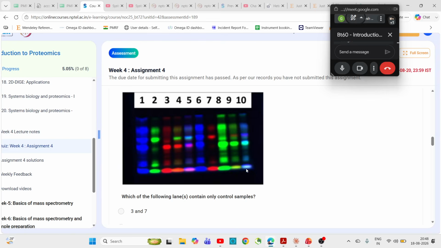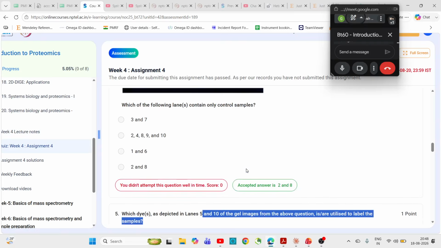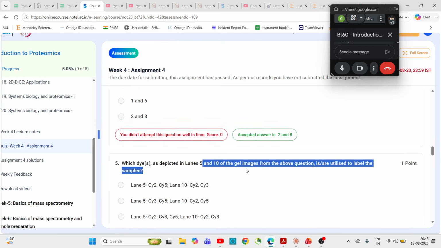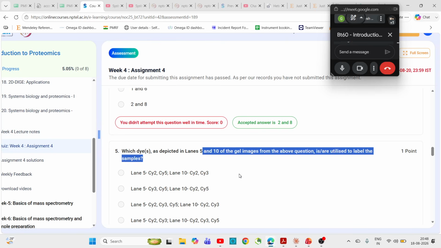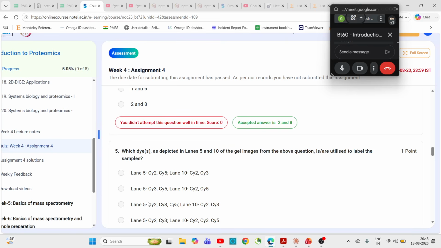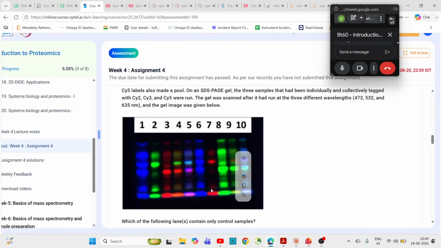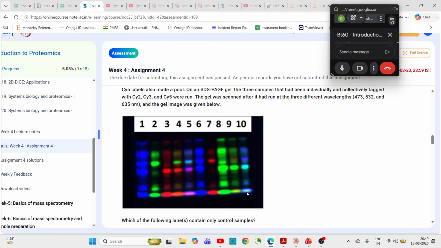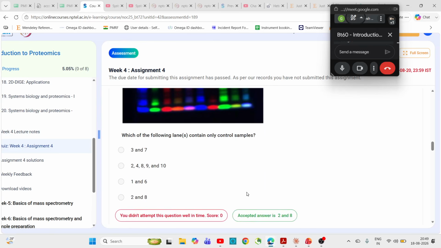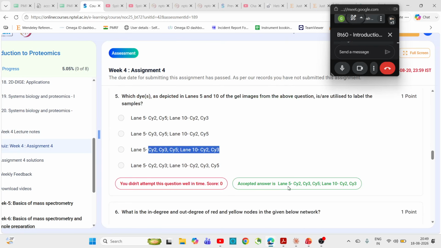So lane 5 has all the three, whereas lane 2 has two of them. Lane 10 has Psi2, Psi3, Psi5 together. That's the reason it is showing all the colors, whereas this was visualized using two excitation emission wavelengths. So that's what the answer is.